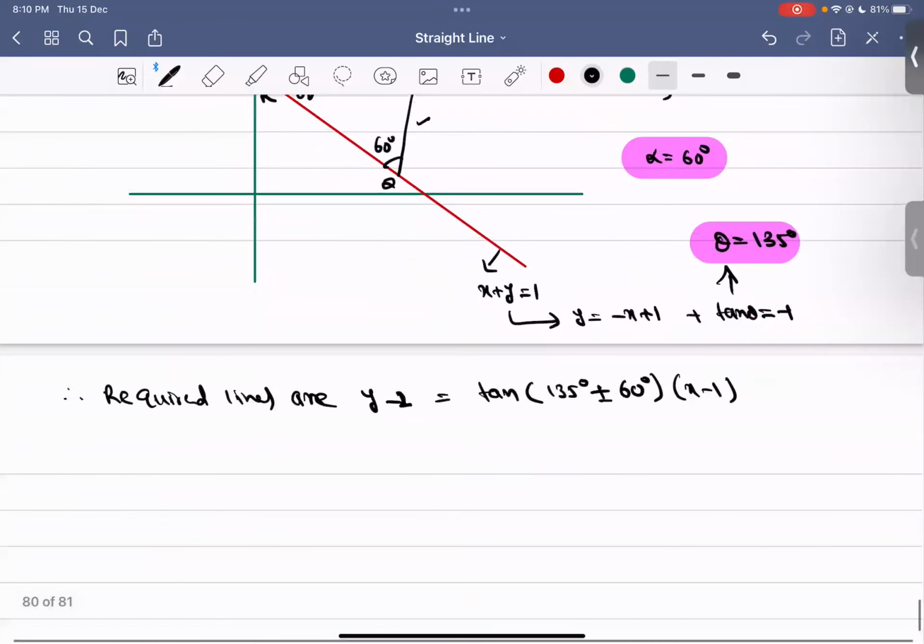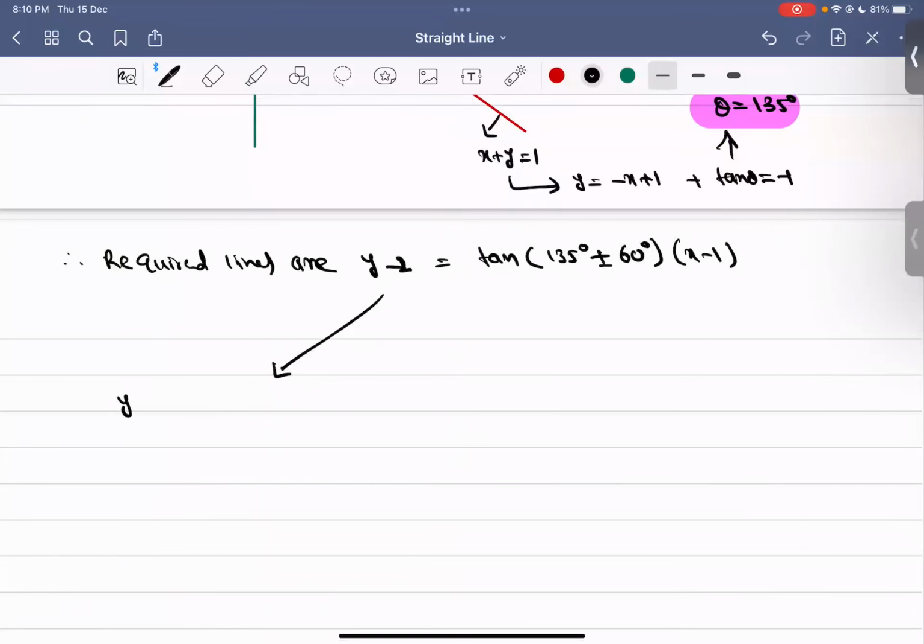With the plus sign, one line is y minus 2 equals tan 195 degrees into (x minus 1). Another line is y minus 2 equals tan of (135 minus 60) degrees. 135 minus 60 degrees is 75 degrees. Yes or no? So y minus 2 equals tan 75 degrees into (x minus 1).